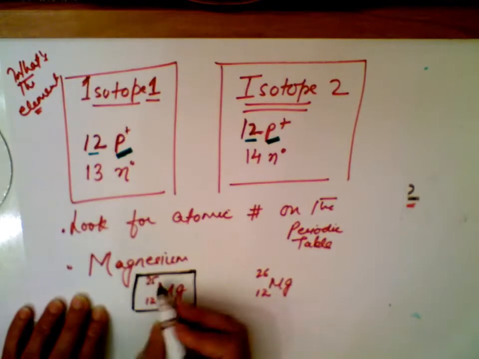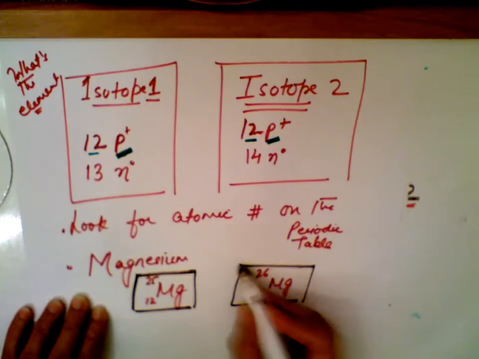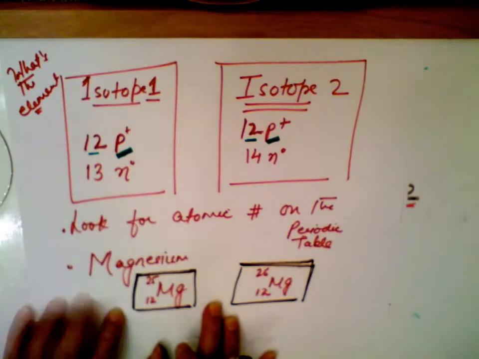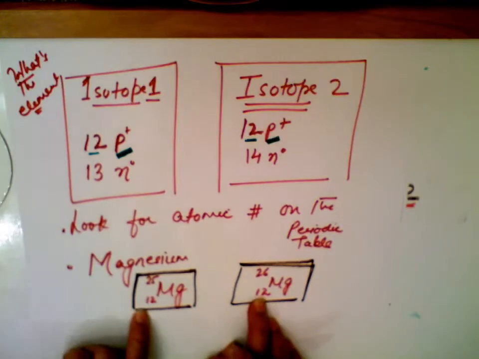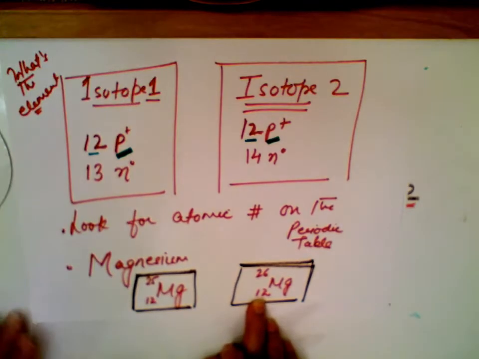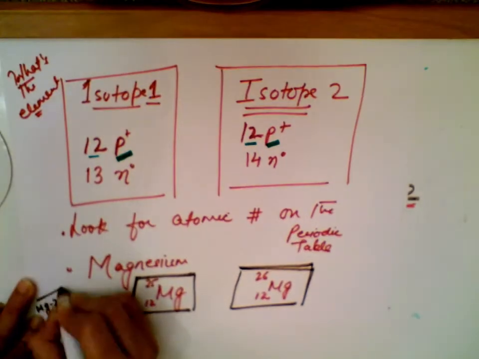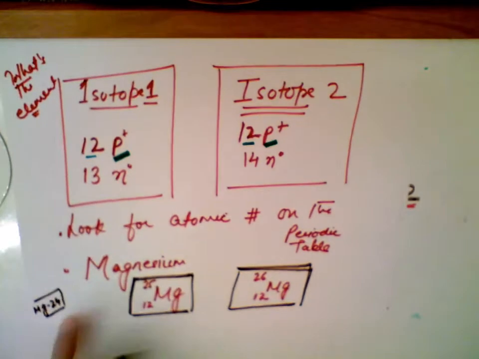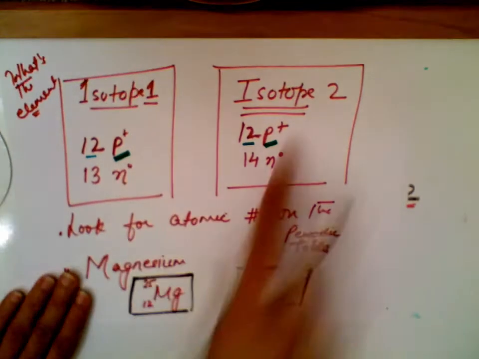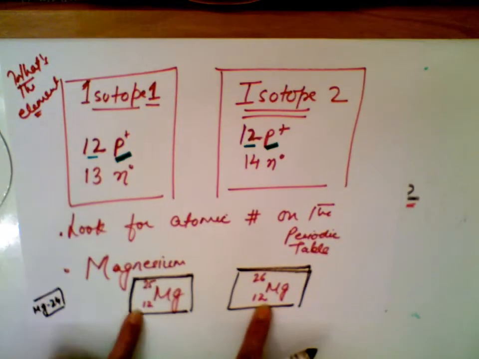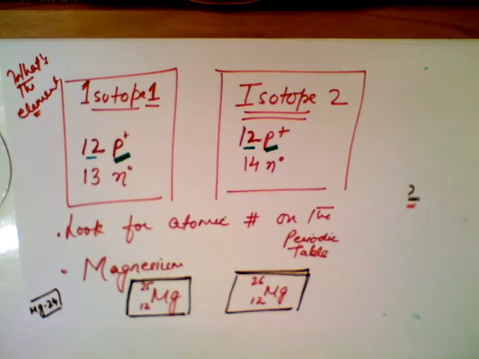You do not have magnesium 25 or magnesium 26 on the periodic table, but this element is still magnesium because of the number of protons. On the periodic table what you see is magnesium 24. But here protons plus neutrons is 25, and protons plus neutrons is 26. Since the atomic number is 12, you can tell this is magnesium.